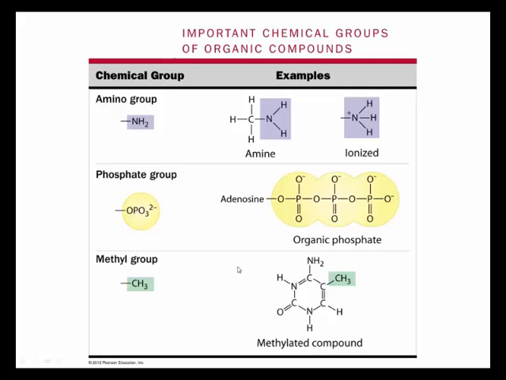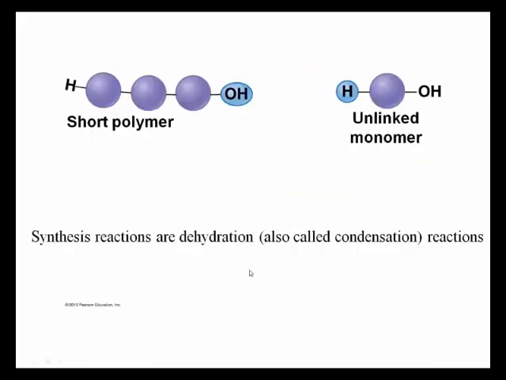Alright, so these functional groups are clusters of atoms that are added to hydrocarbon skeletons. And you find the functional groups in all types of organic molecules. The types of organic molecules that we're going to talk about, there are 4 classes of organic molecules, are for the most part analogous to beads on a chain.